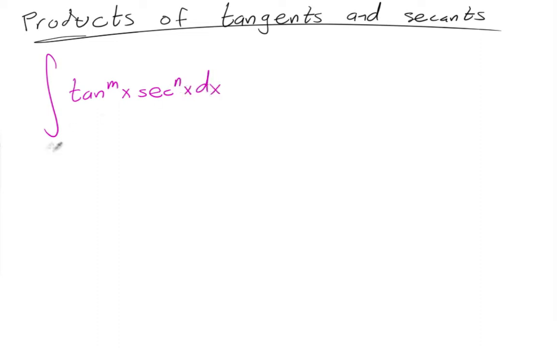Can you think of what would be the easiest case, something that would allow us to use substitution, kind of like the easy case with sine and cosine? Yes, that is exactly right. If n is even, then this would be relatively simple.